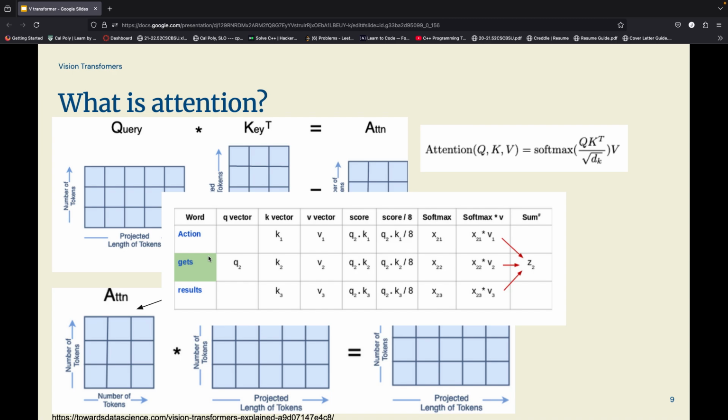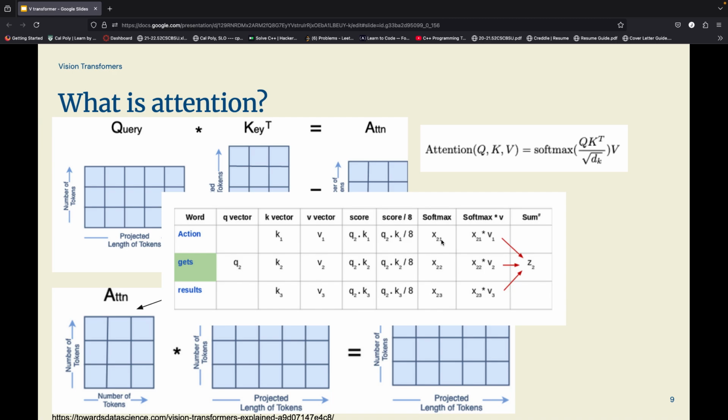So we have the target word, and that is the query vector, and that query vector is dot product with every other key in our matrix, and that is divided by the square root of dk. Don't really have to worry about what that is, but that gives us our attention score once we softmax it.